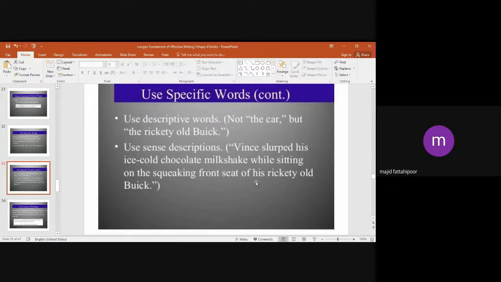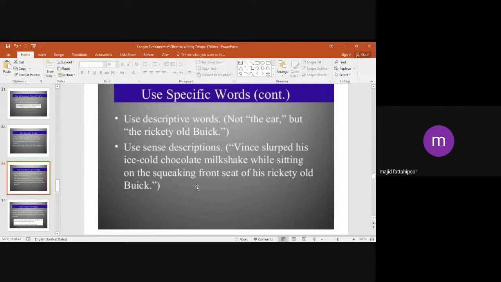It may be very surprising, but it's not surprising for us. So let alone an old Buick, we can be very imaginative because we have seen all types of cars from different qualities. So you can imagine that.